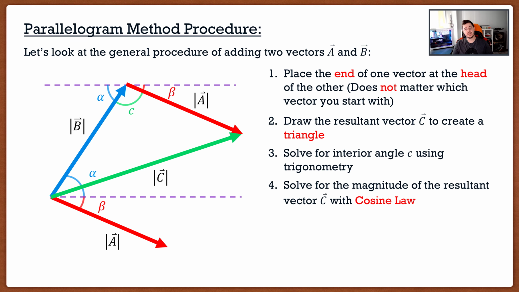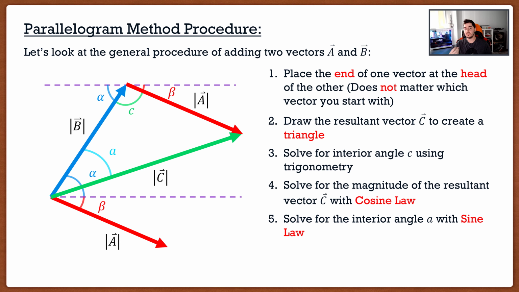Well, we're going to go to sine law and start solving for interior angles. Now, if I'm looking at C, one interior angle that might be useful is this interior angle A. This is great because remember, in sine law, if we have a length and an interior angle, we can solve for the interior angle if we know the other length.